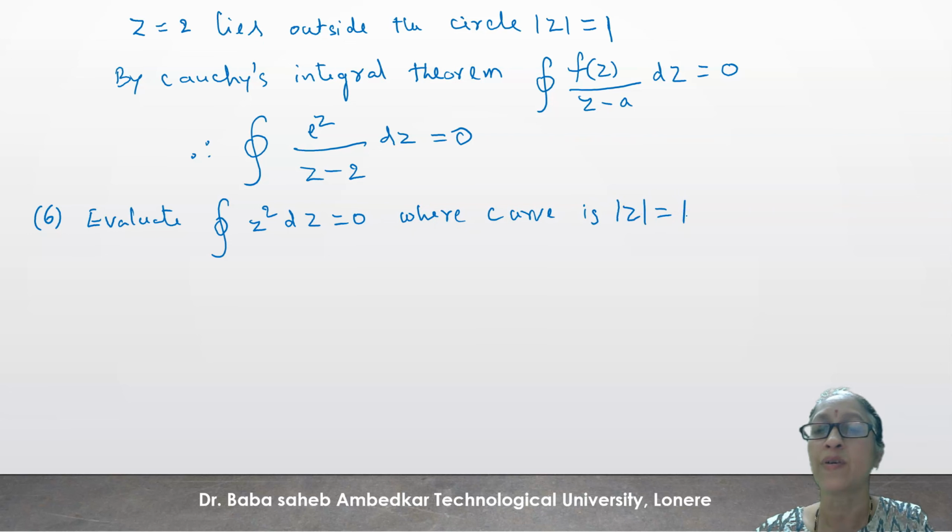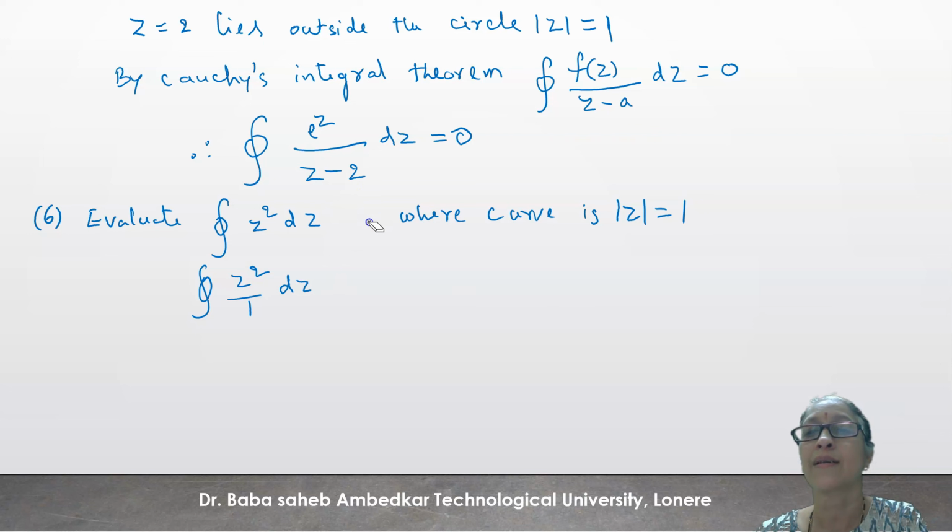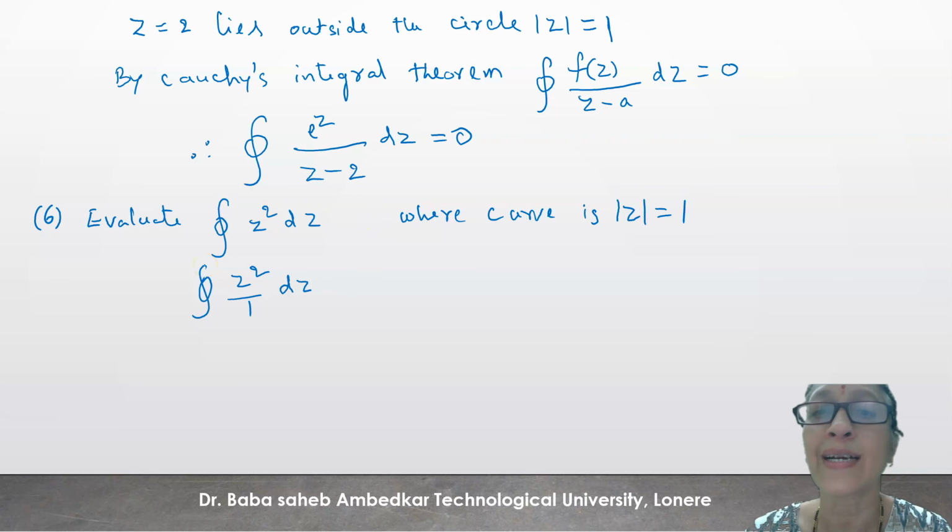Here if you observe, the denominator is 1. Z square dz means z square upon 1 dz, right? So here what does it mean? Evaluate the contour integral of z square dz, where the curve is mod z equal to 1.